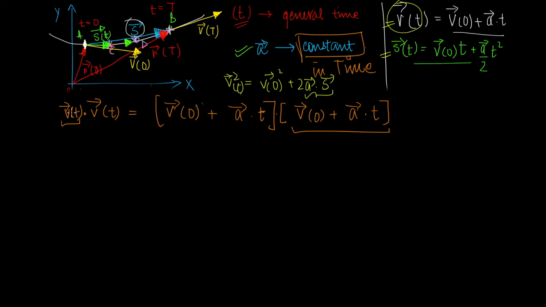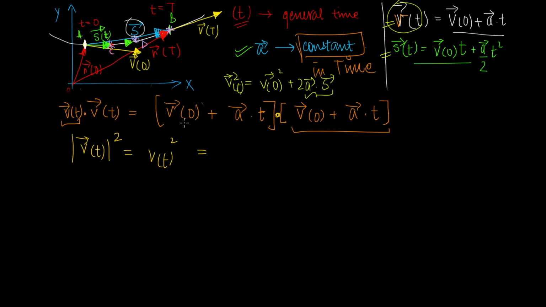Why are they the same quantity? Because v of t, as given here, equals v of 0 plus a times t. So it's as though we're dotting it by the same. So this converts a vector equation into a scalar one. And let's see what this yields. On the left-hand side it yields v of t dot v of t. So that is the modulus square, or more simply, v of t squared. This is the absolute velocity at time t, an arbitrary time t. What about the right-hand side? Well, in order to evaluate the right-hand side, we need to evaluate term by term what happens to the dot products of individual terms with every other term.